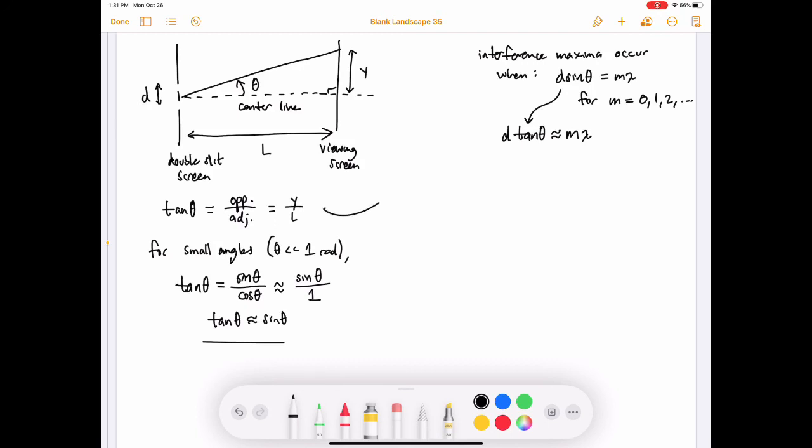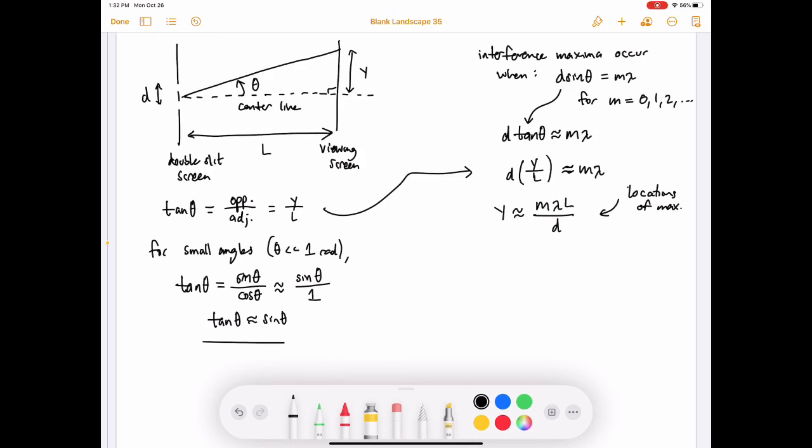And tangent theta, by the way, as we worked out earlier, is just y over L. So d times y over L equals m times lambda, meaning y is approximately equal to m times lambda times L divided by d. These would be the locations of the maxima.